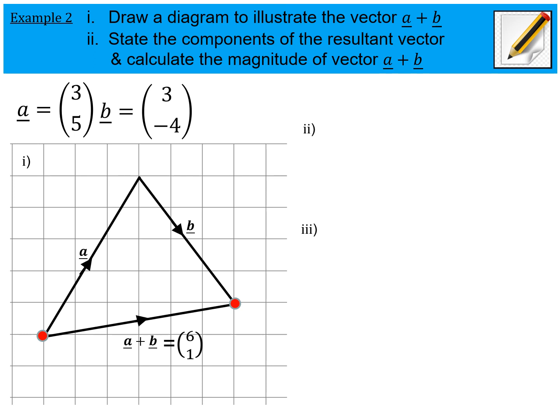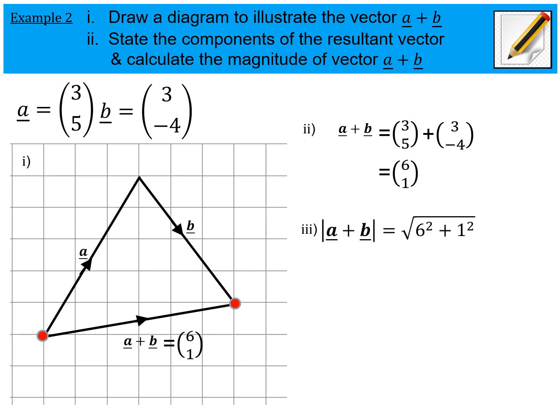So that's our diagram to illustrate the vector of A plus B. If we want to check the calculation for the component vector, A plus B would be 3, 5, add 3, minus 4. Adding the x components together, we get 3 plus 3 is 6, and then 5 add negative 4 is 1, so we get 6, 1, and we can see that that agrees with our diagram.